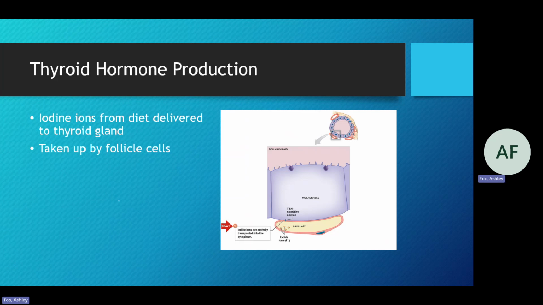Iodine, again, iodine ions from diet, so it's something that we can't produce, you must get it from your food, are going to be brought to the thyroid glands. And then that's taken up by the follicle cells. So iodine, it's iodide and iodine, kind of different variations, but iodide ions come from being absorbed in your intestinal tract and capillaries to the thyroid to go to the follicle cell.